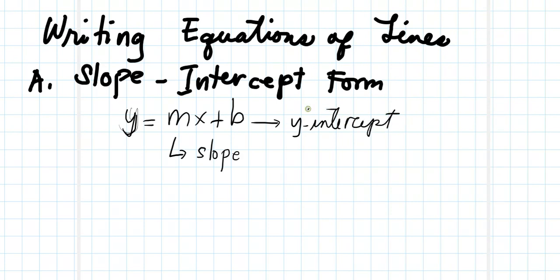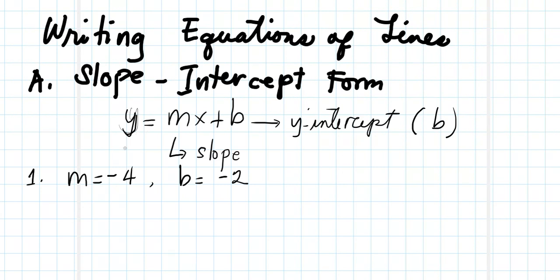Okay, so we have an example. If you have a slope given which is equal to -4 and your y intercept b is equal to -2, what will be the equation of the line?